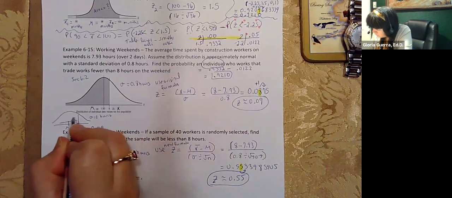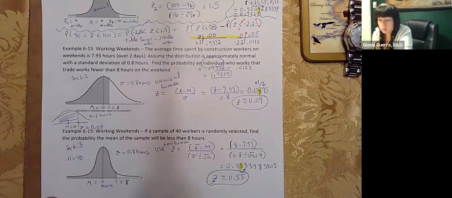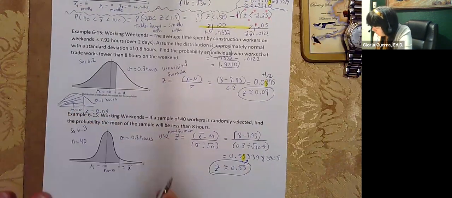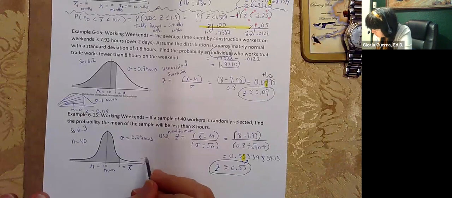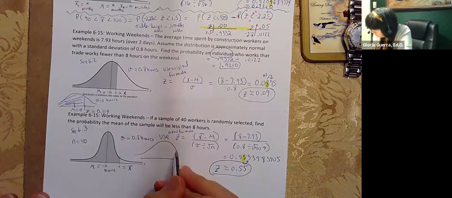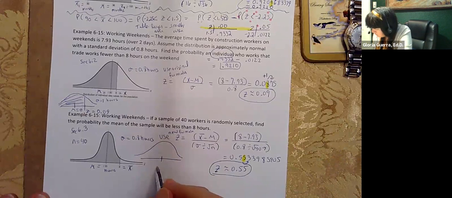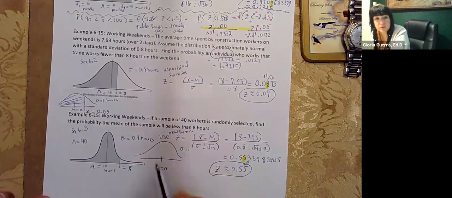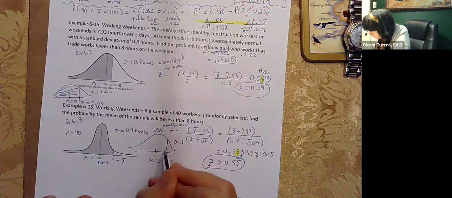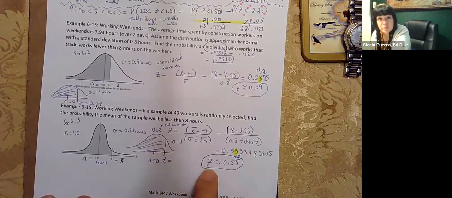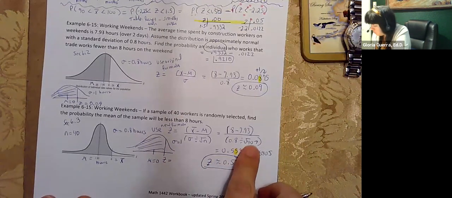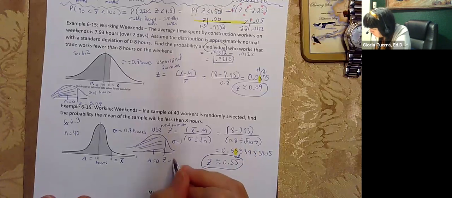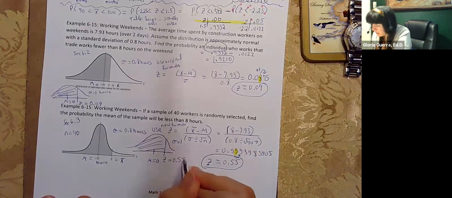Okay. Whereas over here, in this new picture, mu is also 0 and sigma is also 1, even with the central limit theorem, that's the same. And then here, when you got your z, because you used the special new formula with square root of n, that gave you 0.55. See that?